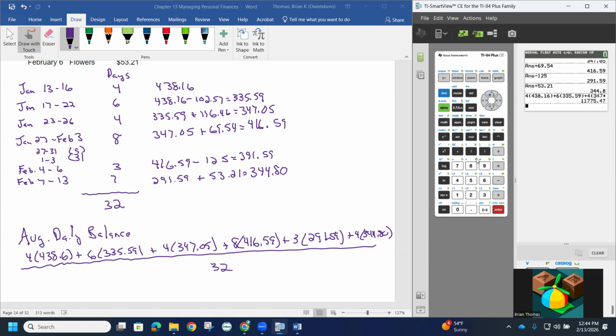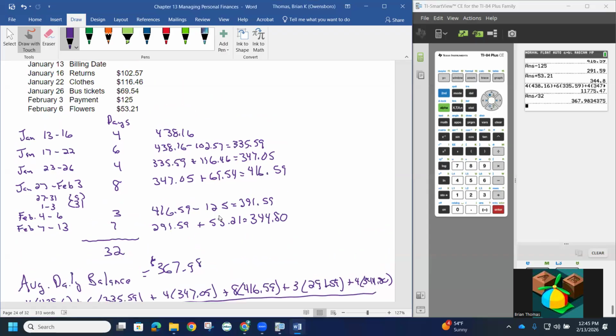And then we're going to divide it across 32 days. And that gives me my average daily balance. So on average, I'll have $367.98. So my average daily balance is actually $367.98. So there's part A, the average daily balance.